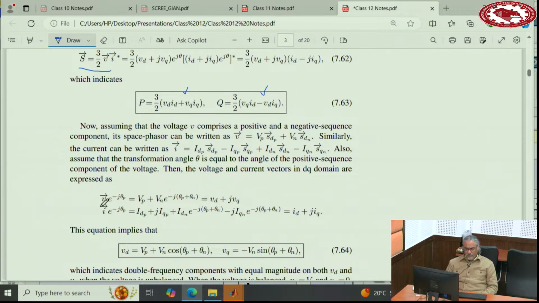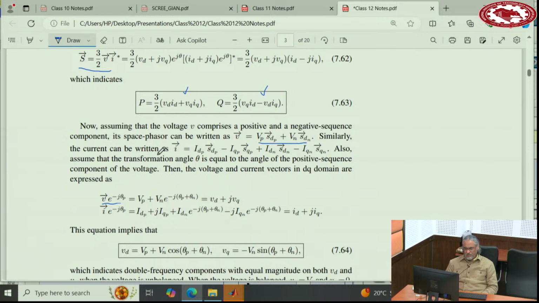So if voltage, let's say for the positive sequence voltage, if this is the positive sequence voltage, right? Now assume that the voltage comprises a positive and negative sequence. So voltage is positive plus negative, okay.